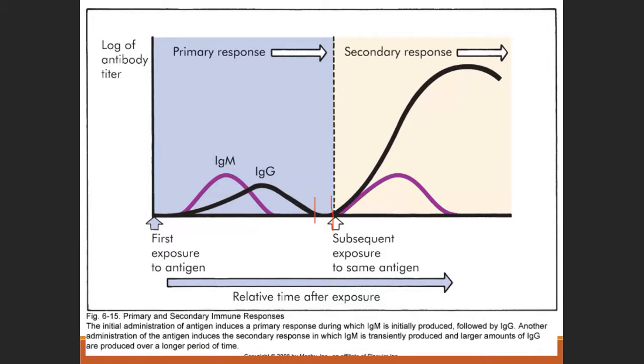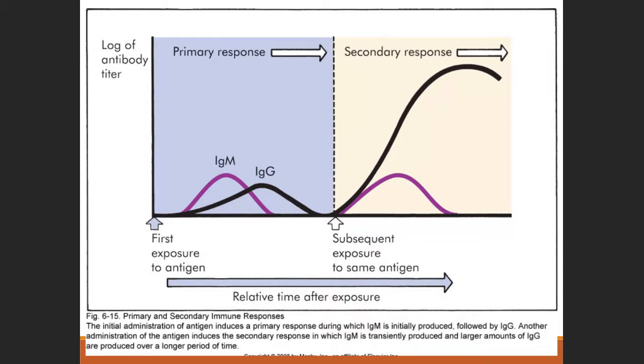But on the secondary exposure, because of the presence of your memory B and T cells, you will still get a response similar to what you had on the initial exposure with your IgMs. This curve and this curve were rather similar.